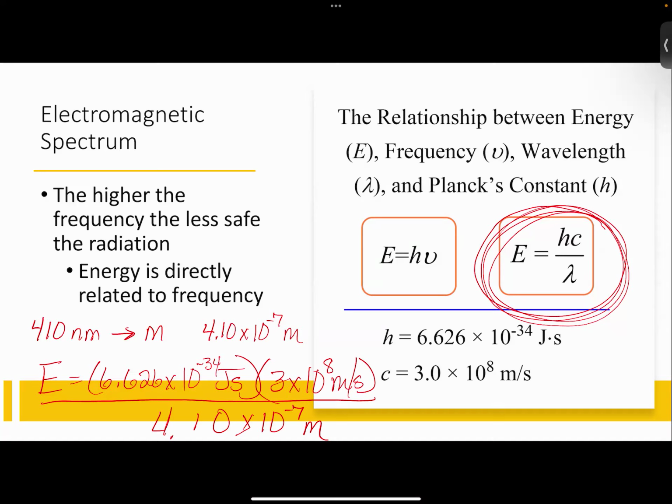And you would do that calculation and get your energy. Again, you would repeat the process for the other 3 wavelengths that you observed. Questions?